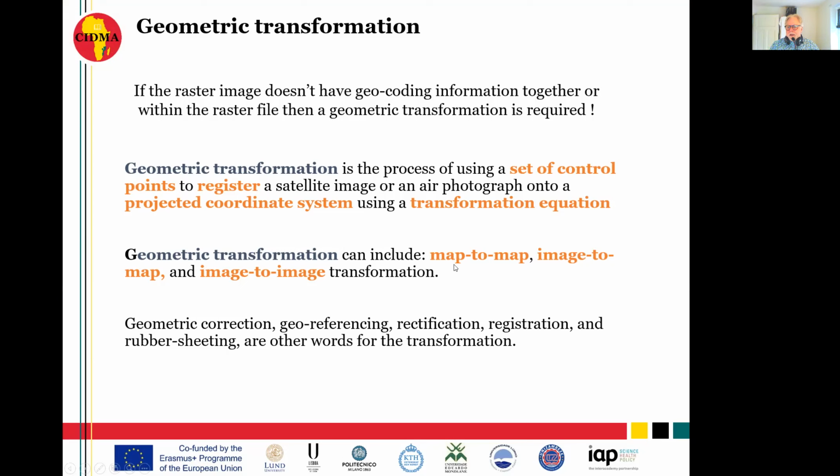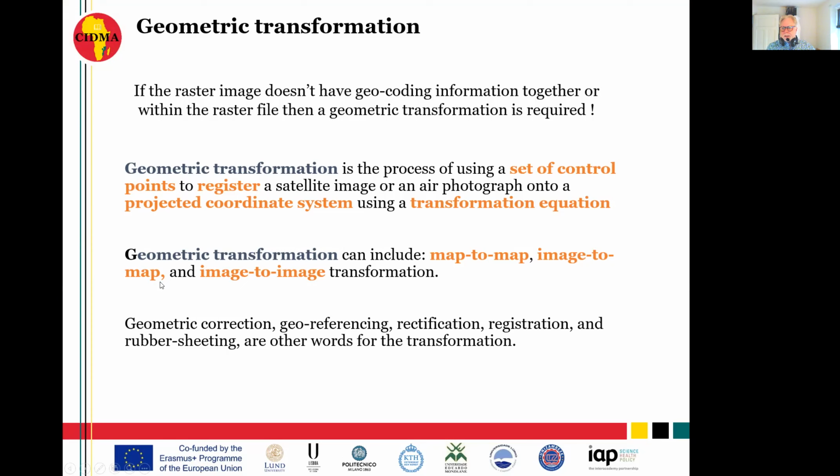And that can be a map to a map. If we have a map without a projection, for instance, and we have one map where we have a coordinate system, we can transform the unknown coordinate system to the map. That's a map to map transformation. For satellite data, we can do an image to map transformation.